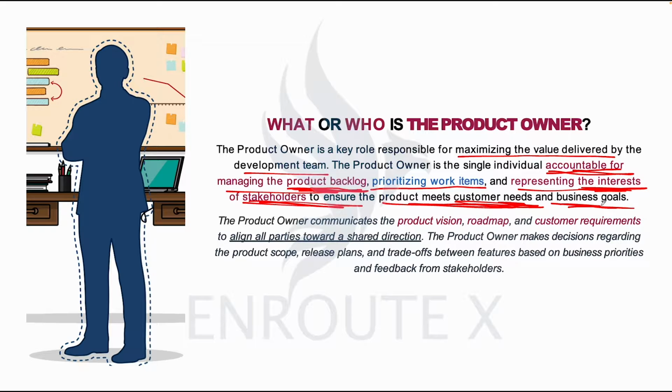So this is who, in a nutshell, a product owner is. A product owner is the single individual accountable for managing the product backlog. We know at this time what the product backlog is. We've seen that again and again, even starting from module 1.